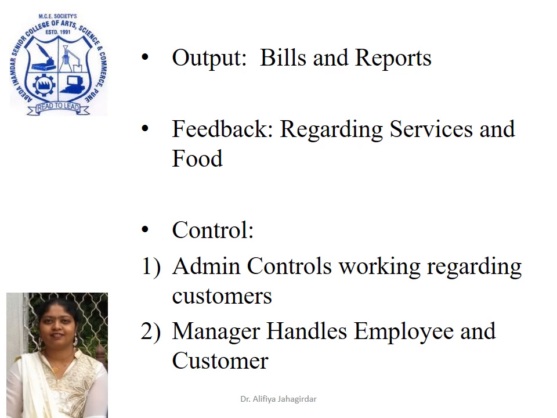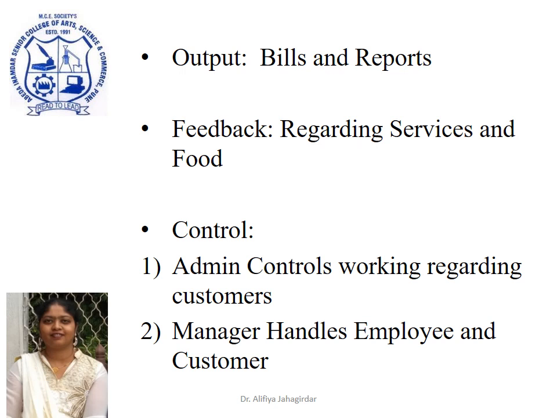The next is output. What am I going to get? Process is going to process everything, and what do I get as output? The customer will get a bill for using the hospitality, for eating in the restaurant, for staying in the room. Then reports, which are normally given to the higher authority for future strategies. The next element is feedback.